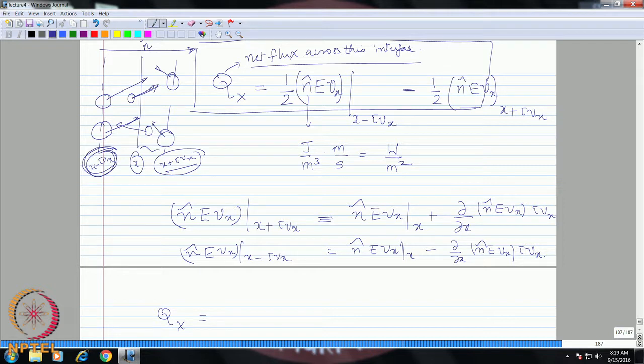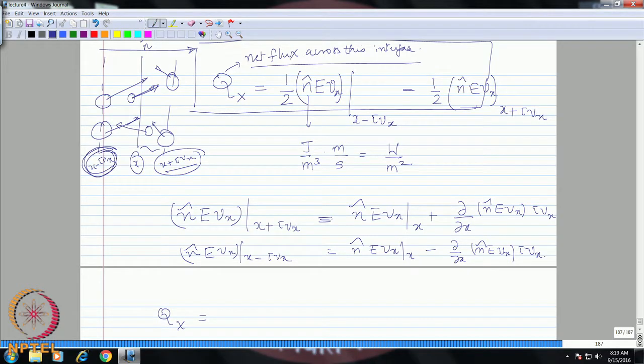So both E's are different. Yeah. So, this is the energy of a molecule, that is your half mv square, but what we are looking at is the total energy of these molecules at this location. So, that will be different. Okay. So, the velocity is a function of what? Temperature, right.